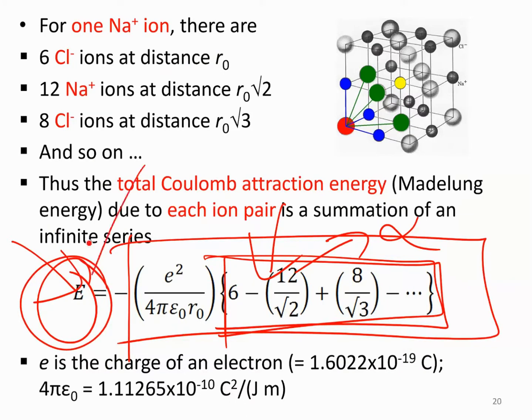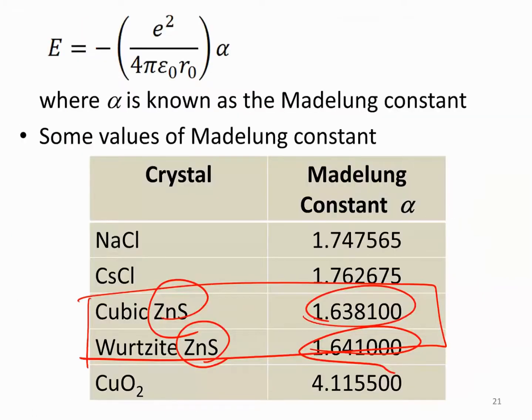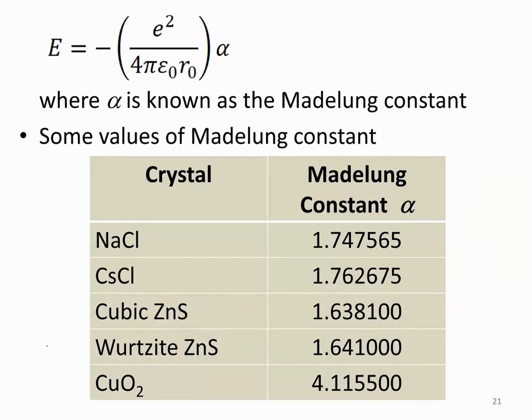When you have different Madelung energy, that means you also receive different cohesive energy. Different cohesive energy means that it will have a different melting point. Therefore, the atom arrangement in the solid is affecting the thermal property of the particular solid.